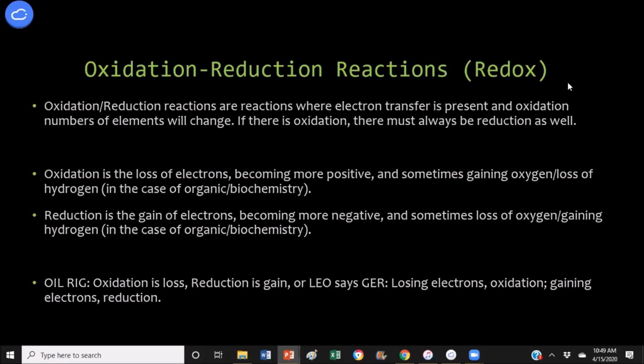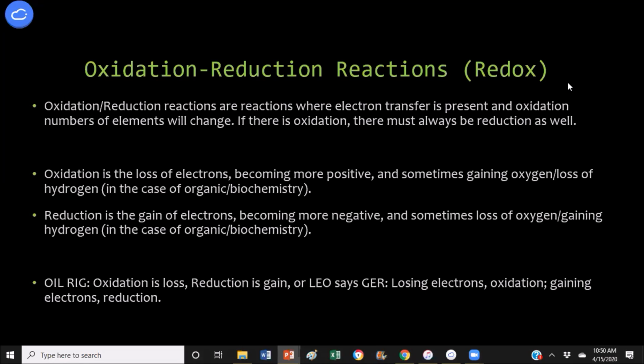Just like when we had acid base, if you have an acid, you have to have a base. If you have electron transfer, you have to have an oxidant and a reductant. You have one guy losing the electrons and one guy gaining them. They could be the same guy, but there's going to be someone accepting and someone losing.